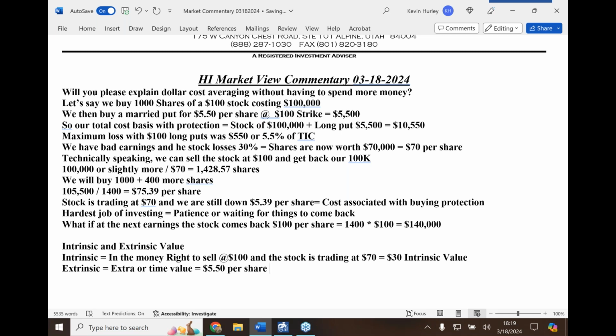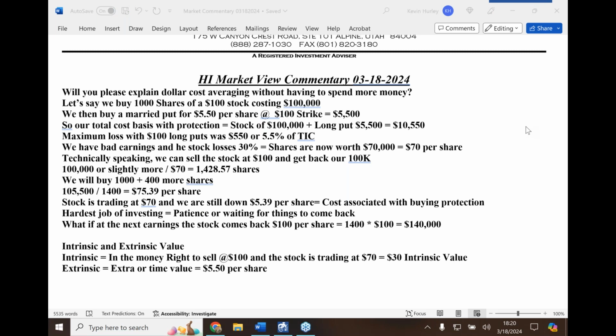And every day that decreases by a nickel until the last week, then it decreases by a quarter each day. That comes into the delta and the theta and the beta and the gamma and all the different pieces of the stock. And I'm not going to go through that too much, Russ, but that's the idea on that put.